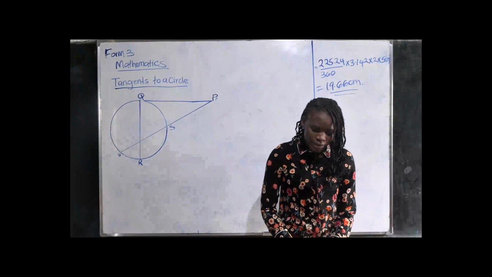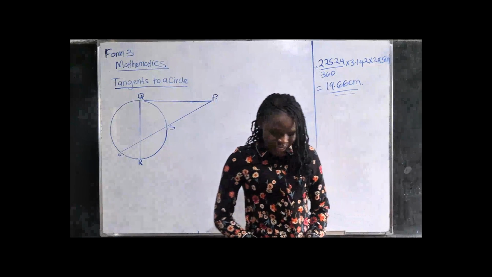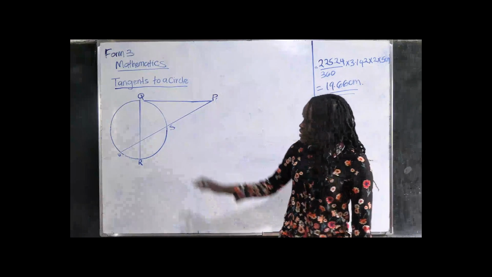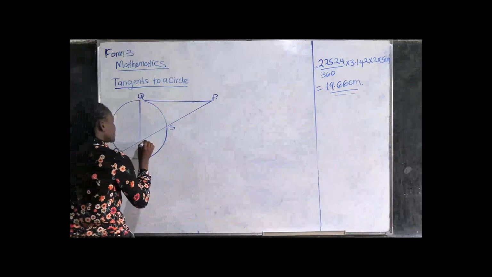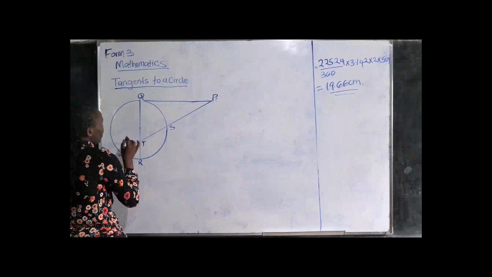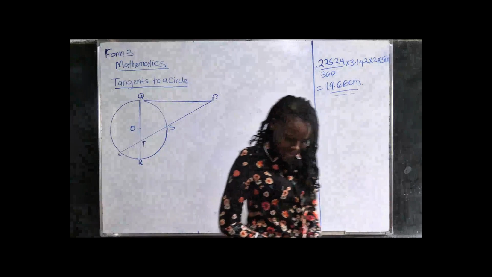We are told O is the center of the circle, and QR meets SU at point C. So this is point C, and then we have the center of the circle at this point, our O.